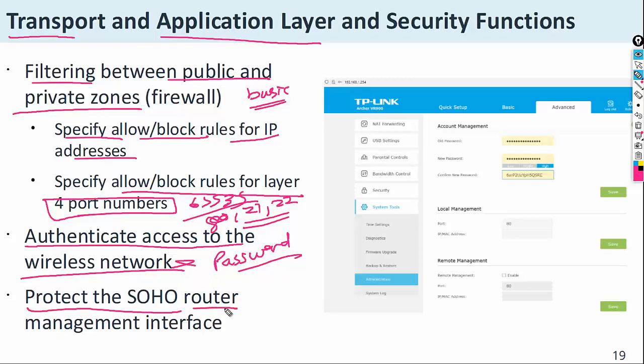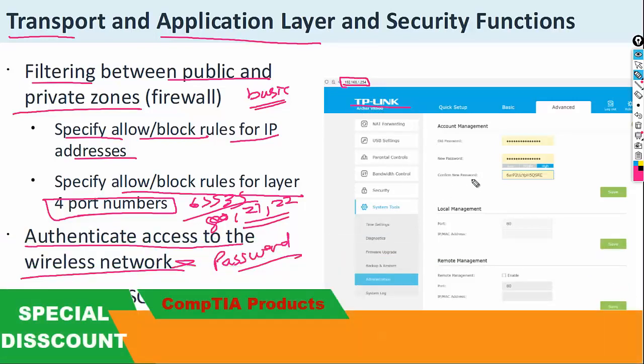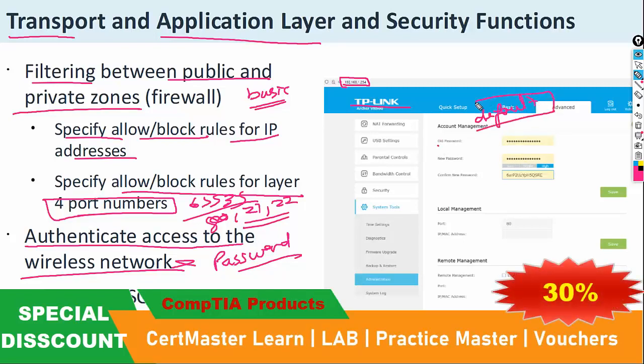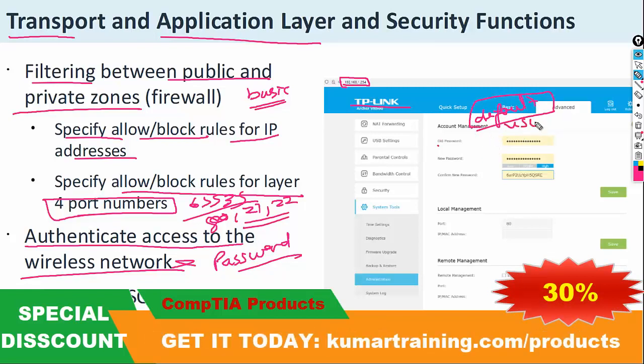So protect the SOHO router management interface, which you access using this IP address to reach this TP-Link, where it has a default password. When you access it the first time, you need to use the default username and password.